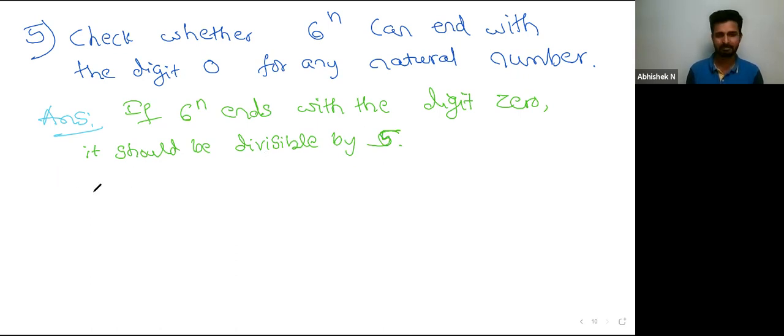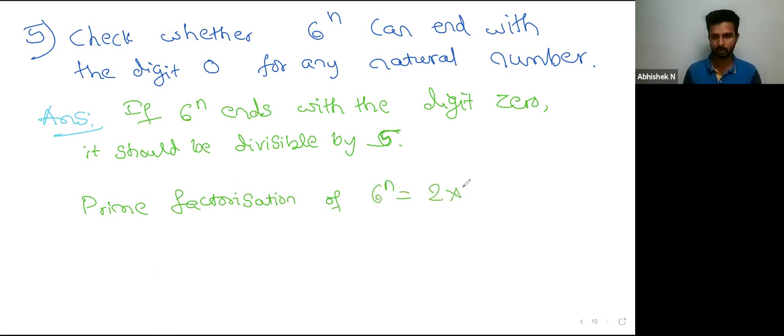Then the prime factorization of 6 to the power n can be written as 2 into 3 to the power n. So the prime factorization of 6 to the power n doesn't contain the number 5.